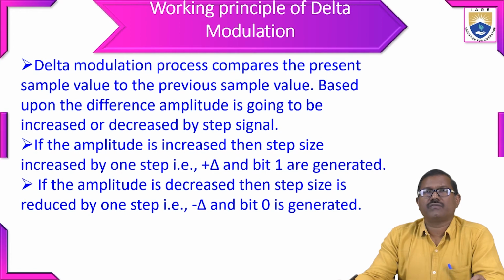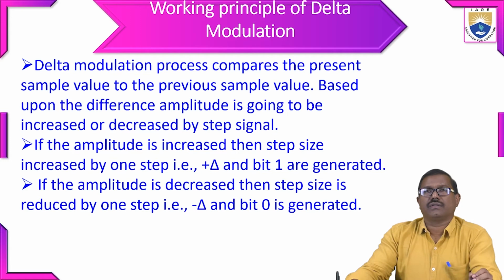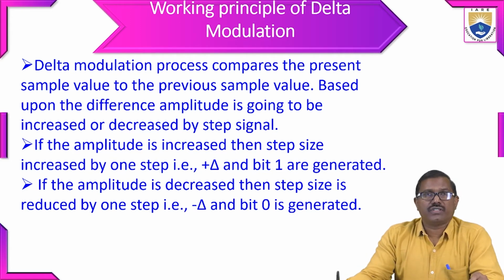Now the working principle of delta modulation. How does this process go? The delta modulation process compares the present sample value to the previous sample value. Based on the difference, the amplitude is increased or decreased by the step signal. It is a 1-bit quantizer, so it may be increased or decreased by the step signal.